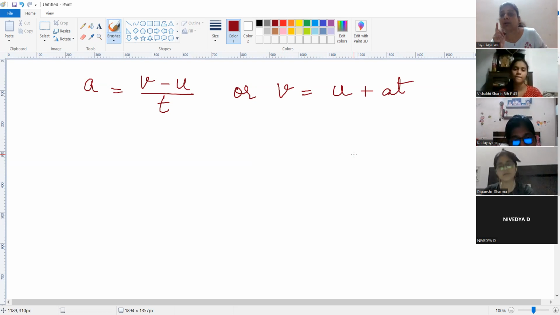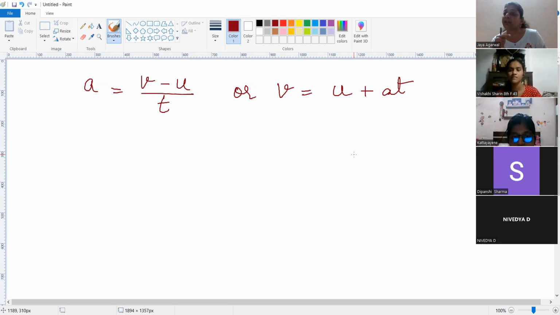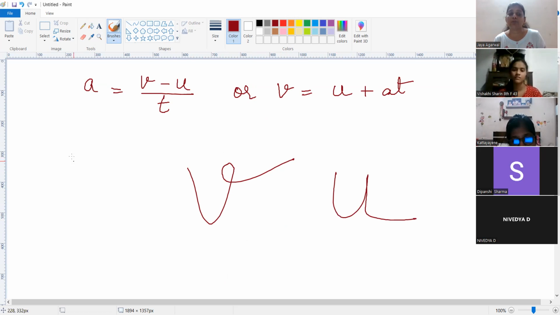V is equal to u plus at. I am reminding all of you once again that in this chapter, v and u are used together several times. So v should be written like this, and u with its tail coming down. You will not write v like this. The v tail should be flashing up and the u tail should be flashing down.